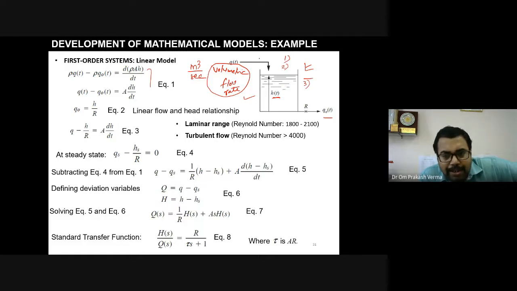Here mass is entering and mass is leaving the system, and therefore the mass balance is enough to describe this model. So mass flow is nothing but the volumetric flow rate times density, in kg per second. Okay, so please see, this is the density.